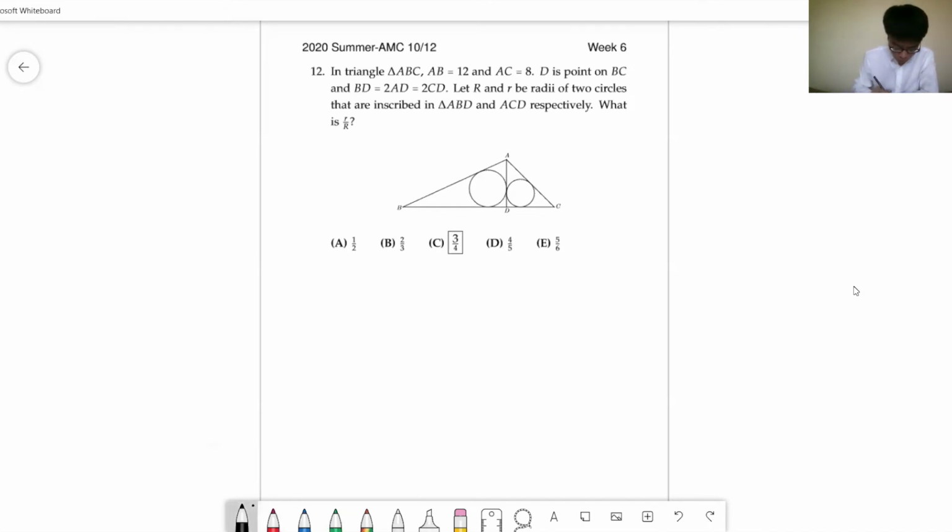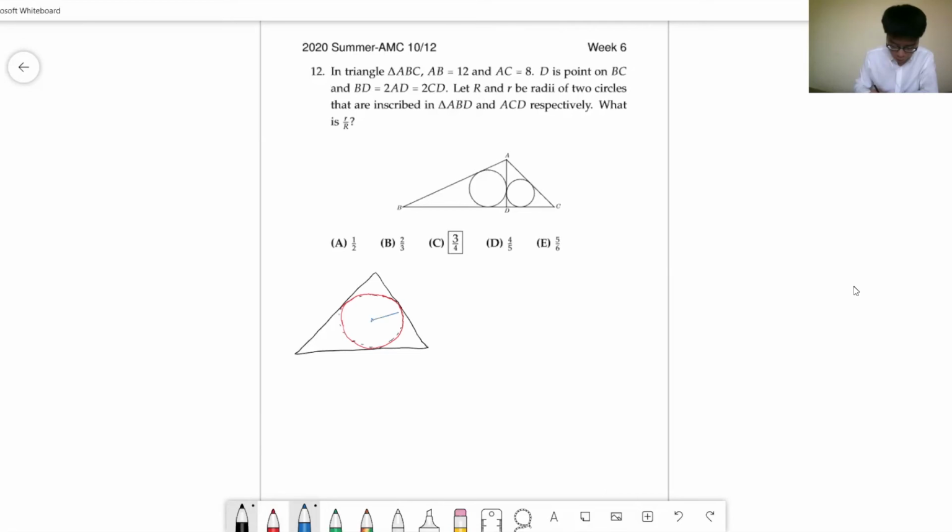So, okay, let me draw a triangle. Suppose we draw this incircle, and we know the radius.